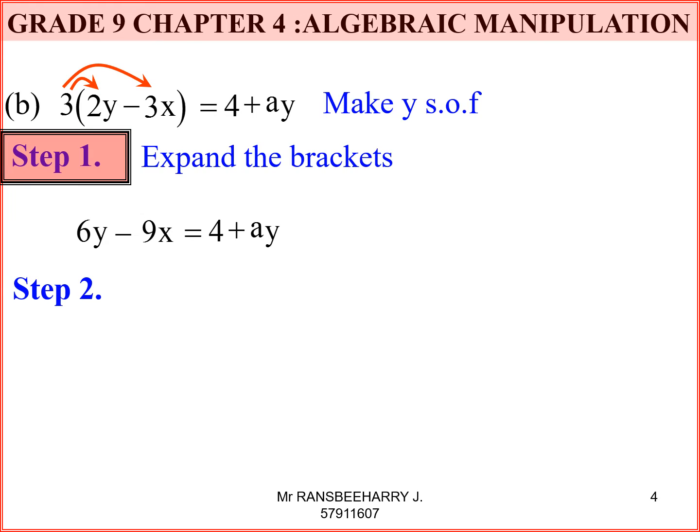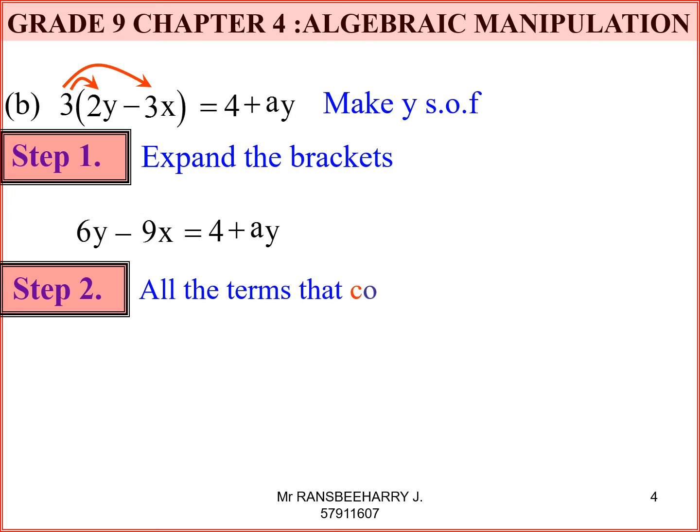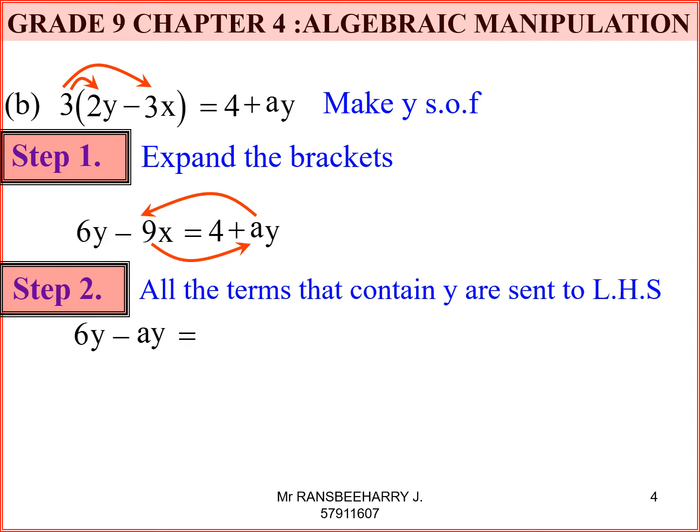Step 2, all the terms that contain y are sent to the left hand side. So we obtain 6y minus ay is equal to 4 plus 9x.